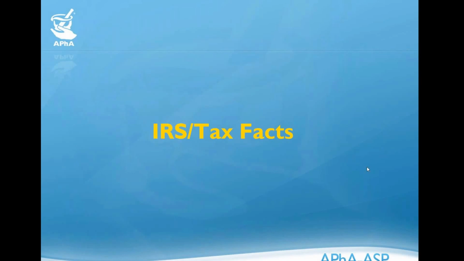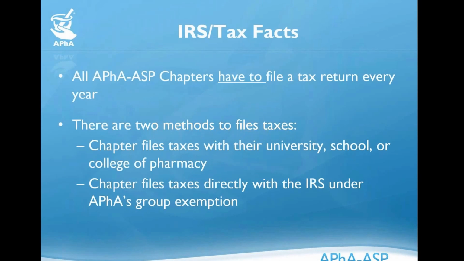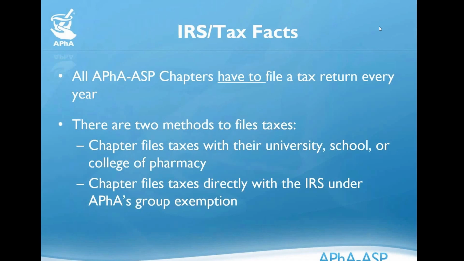And I'm quickly going to go over a couple of IRS tax facts. Again, everyone's favorite topic in the world. All APhA-ASP chapters have to file a tax return every year. There are two methods to do that. You can file with your university or college or school of pharmacy, or you will file with the APhA group exemption.